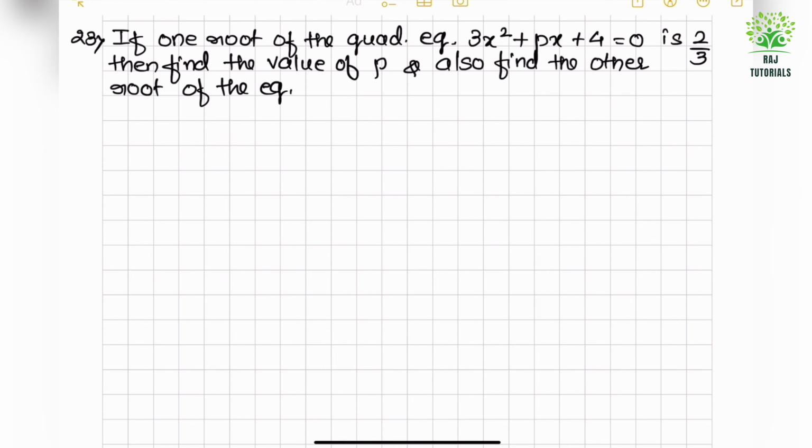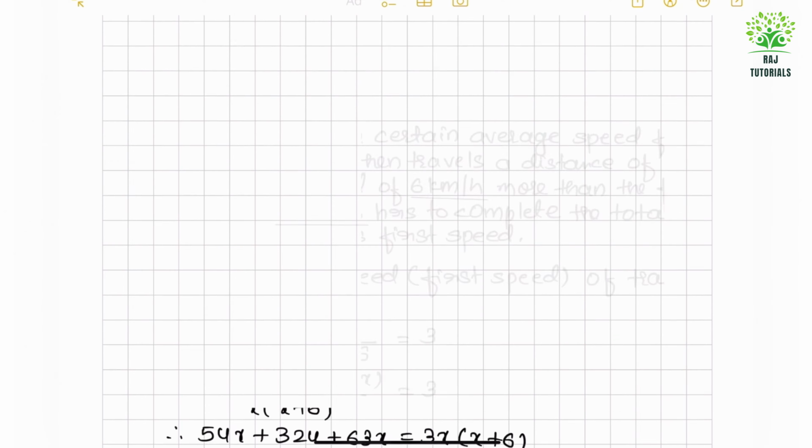Now the next question says, if one root of the quadratic equation 3x square plus px plus 4 equal to 0 is 2 by 3, then find the value of p and also find the other root of the equation. So here the quadratic equation given is 3x square plus px plus 4 equal to 0.